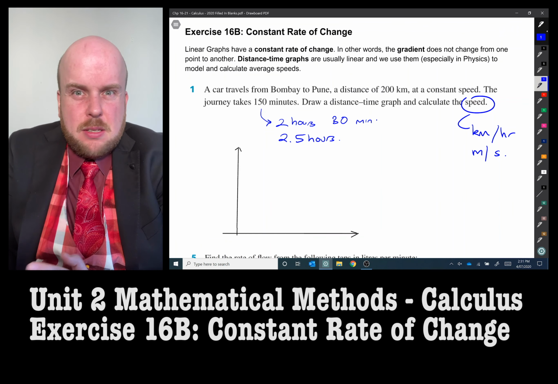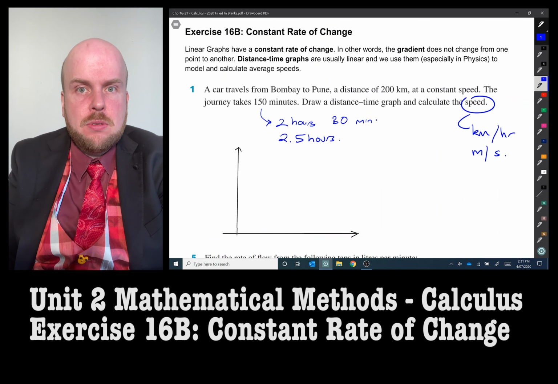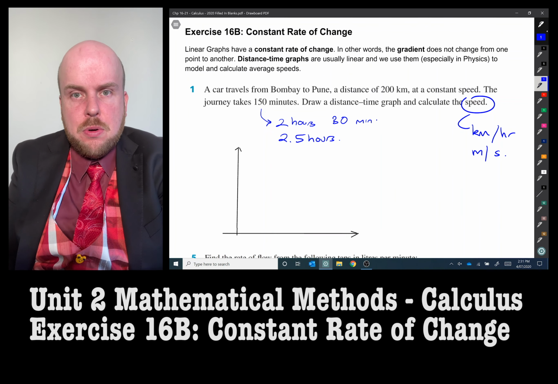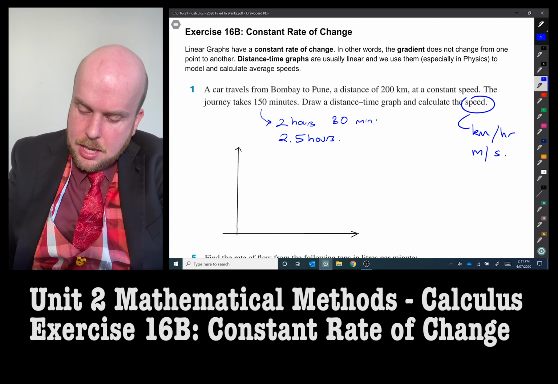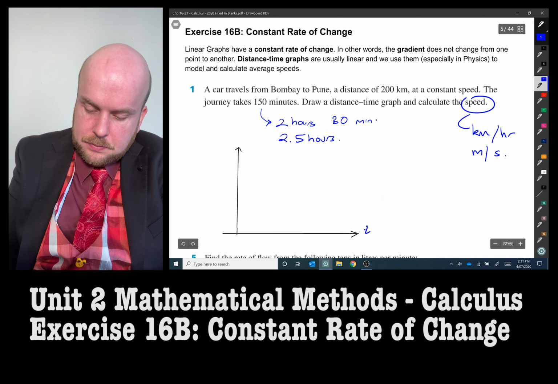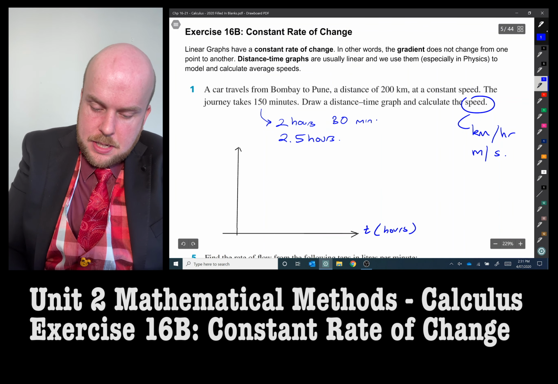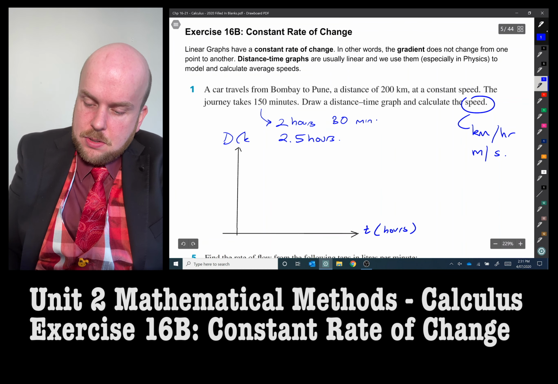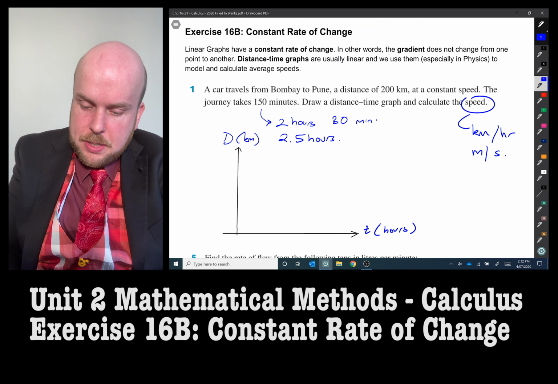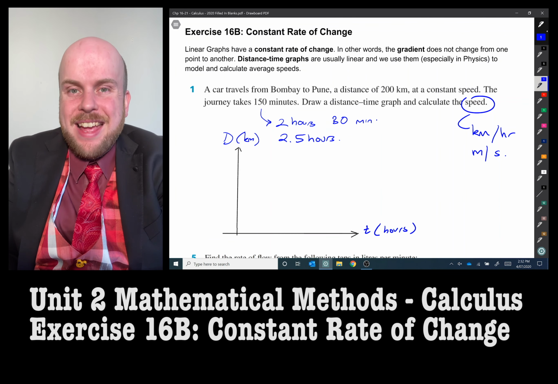It doesn't matter if you put in seconds or hours, as long as you've got everything calculated correctly. So I'm going to put this as T hours, and this is distance in kilometers. The car is going for 200 kilometers, and it takes 2.5 hours.